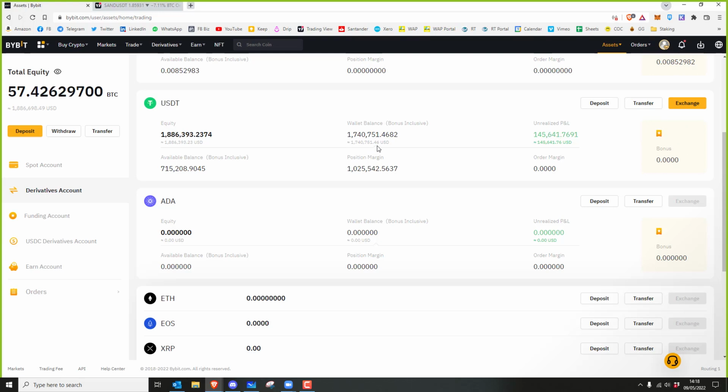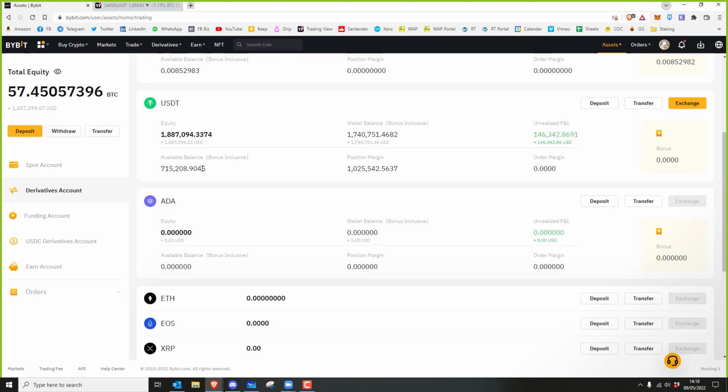So in a bull market, I will not be using USDT. I'll probably have a little bit in here just so I have flexibility, so I can short or go long on a whole range of stuff. But in a bull market, I reckon I could probably take out, call it 700 grand, from this Tether wallet and still trade the way that I normally trade without getting any issues.